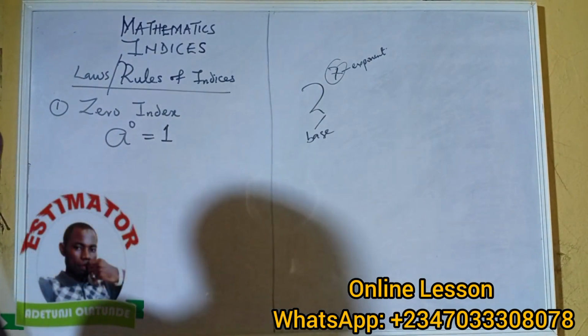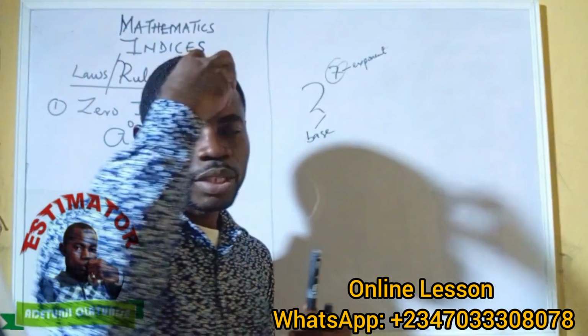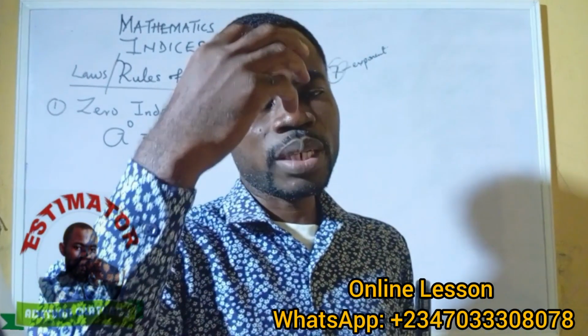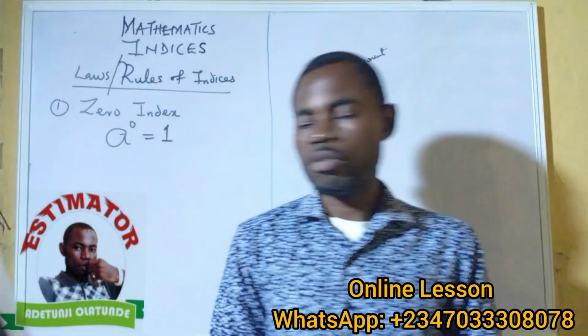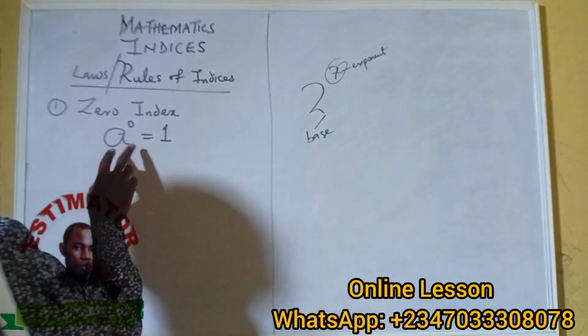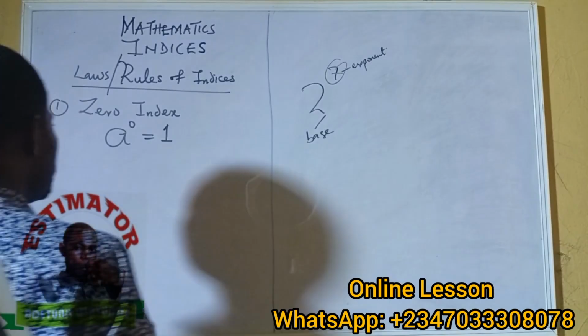Even your own name, your own very self, when you put 0 at your head as your exponent, definitely you are 1. So we can say any number, any item, exponential 0 is 1.